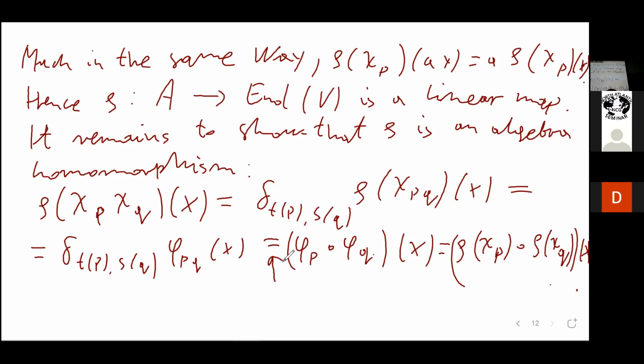Okay, this is the crucial step because all the rest is obvious. You don't have to do it in special cases. So we need to verify it in 4 cases.